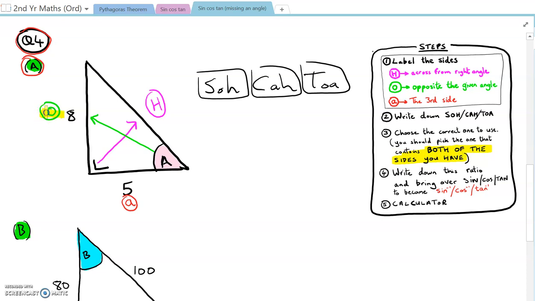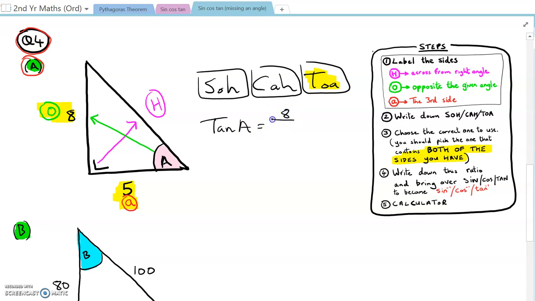Right, what have I got? I've got O, don't I? It's 8, and I've got A. O and A. I'm going to use tan, because that has O and A. So tan of A is equal to O over A. What's O?